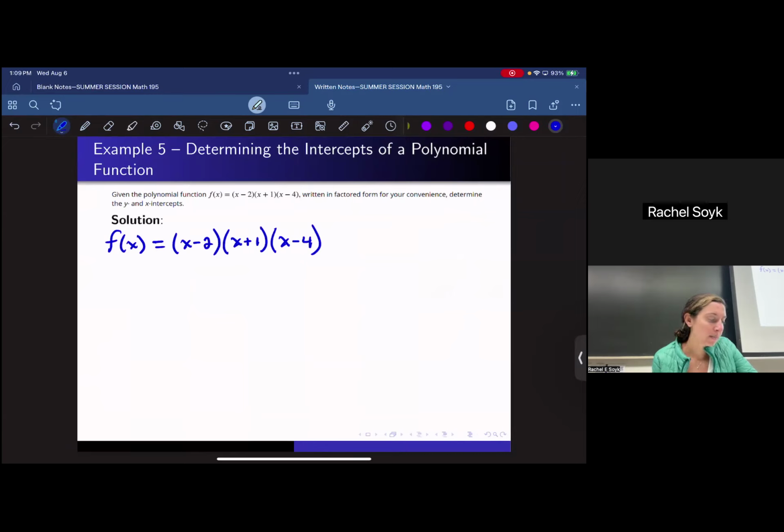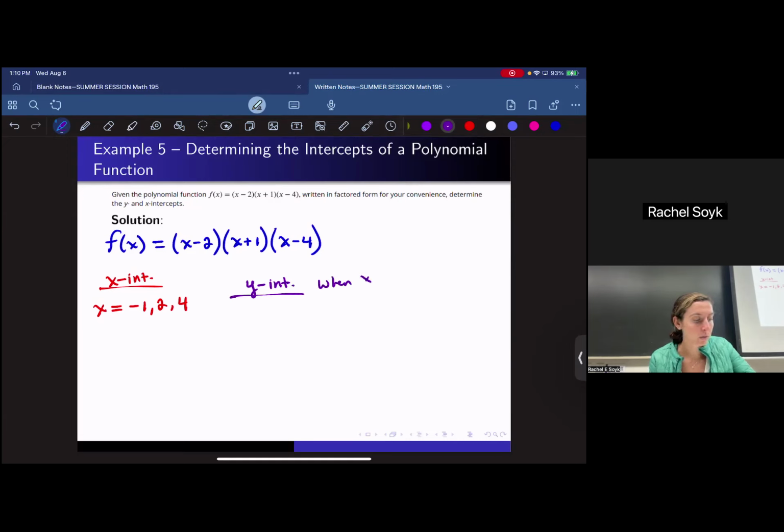It's quite clear to identify the x-intercepts here since it's already in factored form. In ascending order, we have -1, +2, and +4 as our x-intercepts. The y-intercept is always quite straightforward because it's defined when x is equal to 0.